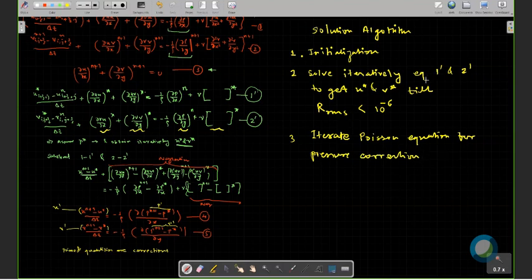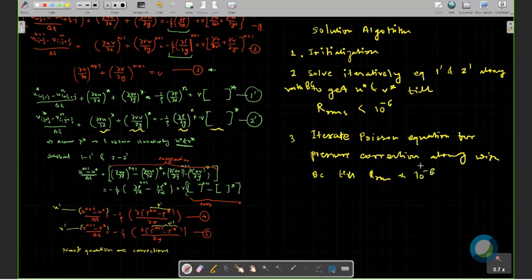You have to solve iteratively the equation along with boundary conditions. Similarly, the pressure correction along with boundary conditions. So pressure correction equations 4 and 5, till convergence, till the RRMS of this equation falls to a certain small number.